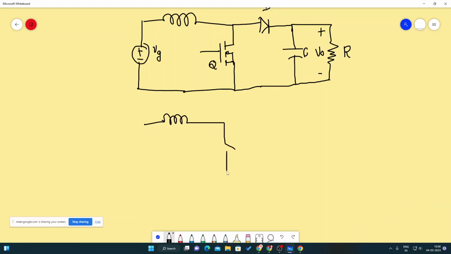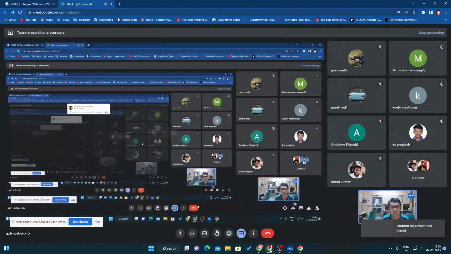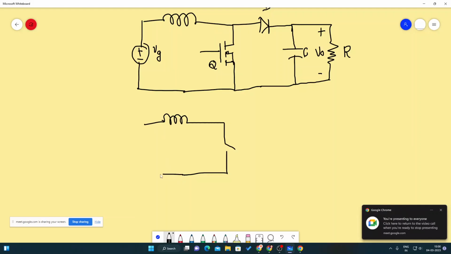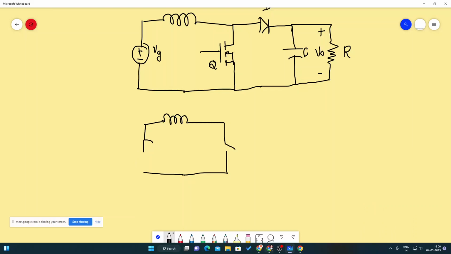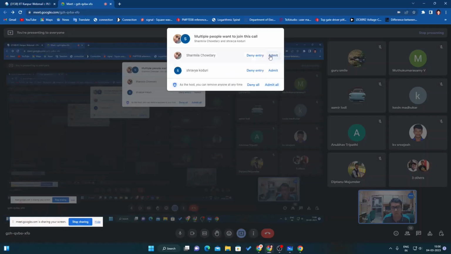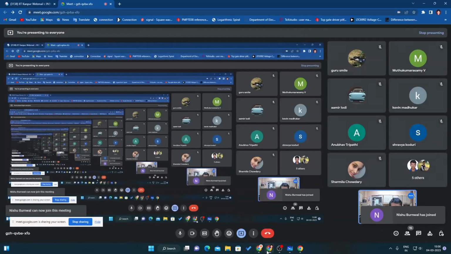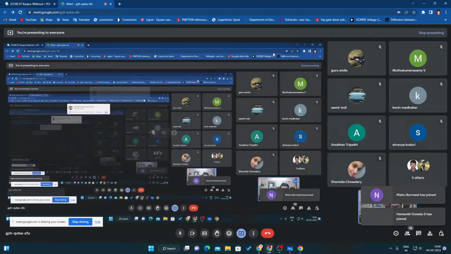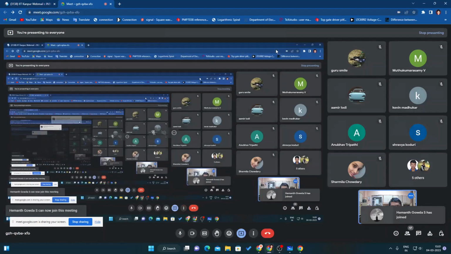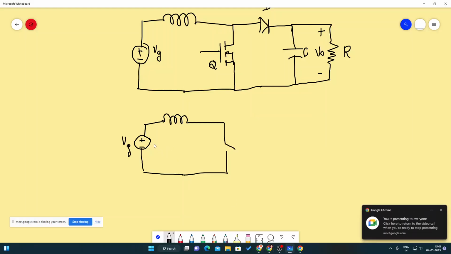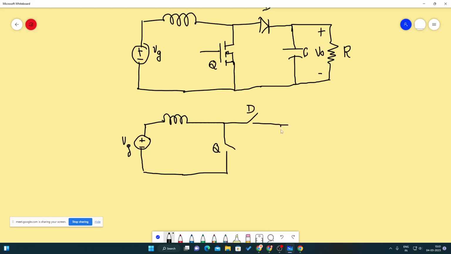The MOSFET is one switch, so this is Q, and this is the other switch D, and you have the capacitor and the resistance.